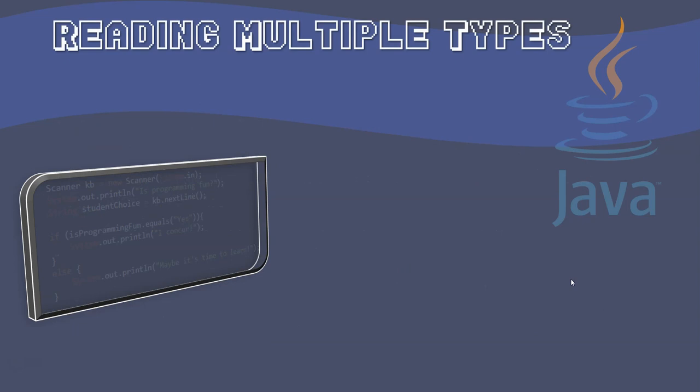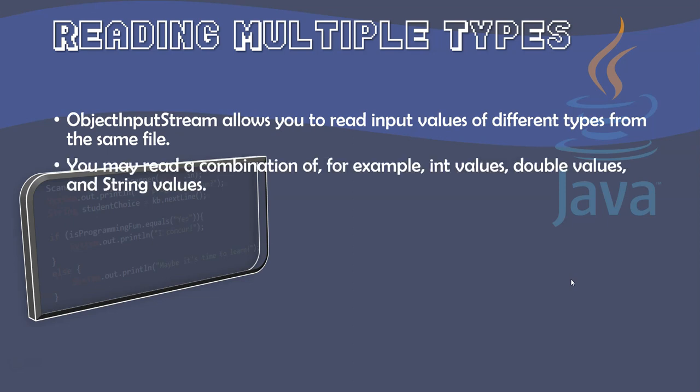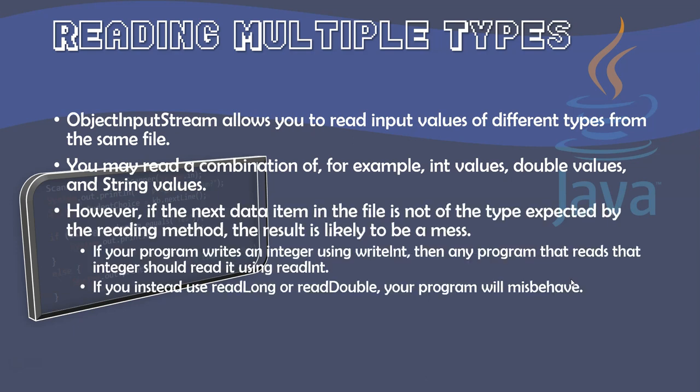Now, one of the things that we talked about previously is having multiple types within the same binary file. ObjectInputStream allows you to read input values of various types from the same file, whether they're integers, booleans, strings, etc. And you probably will have a combination of different things in there, such as integer values, double values, string values, etc. However, if the next data item in the file is not the type expected by that reading method, the result is likely to be a mess.